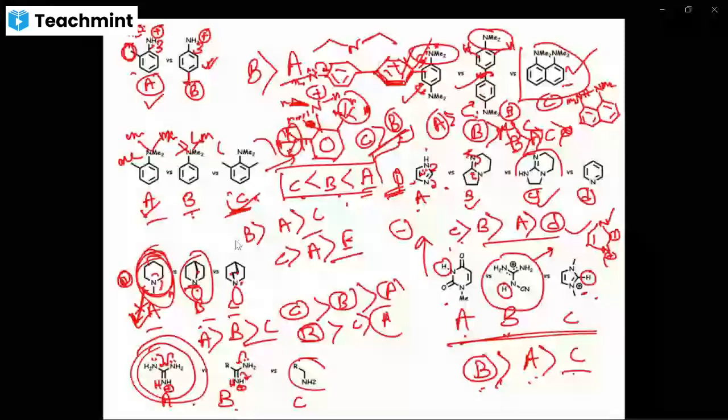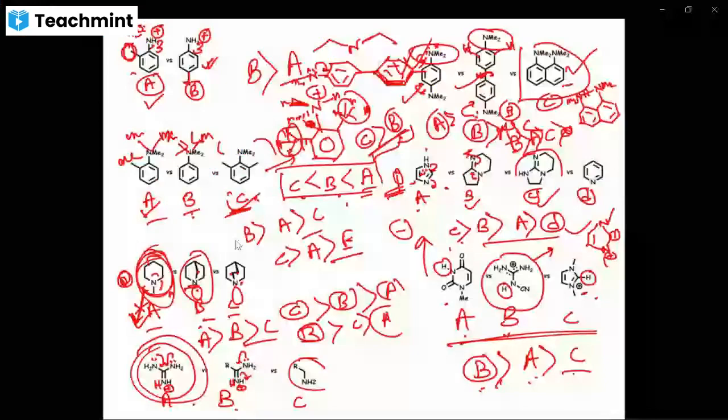No, in B and C, in both cases there is no inversion because they are rigid systems. See, this nitrogen is tied with this bond, so there is no inversion. Now, in C there are two carbon atoms, and in B there is only one carbon atom. So B is more rigid.